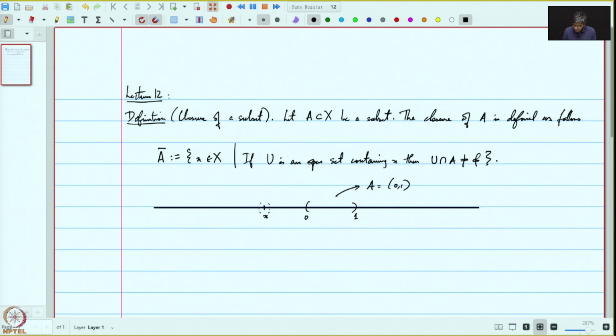So this implies that if x is strictly less than 0, then x does not belong to A closure, because the closure requires that every open subset which contains x should meet our set A. Similarly, if I take any x which is strictly greater than 1, then also we can find some epsilon small enough such that the epsilon neighborhood doesn't meet A. So once again, x does not belong to A closure.